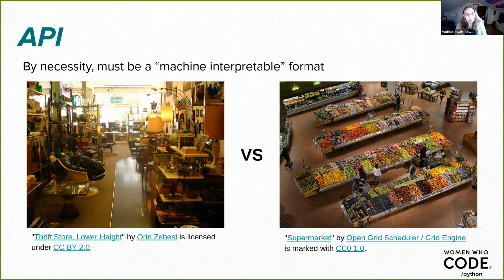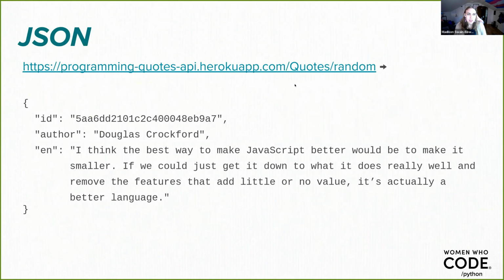So I'd mentioned JSON earlier. This is what JSON looks like. I've taken this response from an API, which we'll use in a little bit: programming-api.herokuapp.com/quote/random.